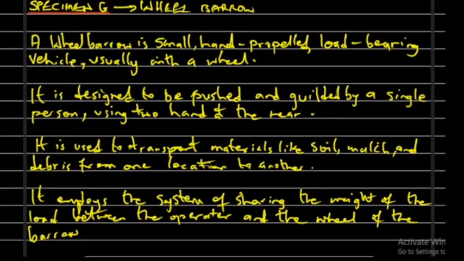The weight of the load will be shared between the operator and the wheel of this barrow, and so that is how this particular instrument operates. So when the load is put in it, it can be wheeled out to another location. And so we have different examples of them. We have this one using a single wheel, and this one here uses two wheels. So those are different examples of the wheelbarrow, which is specimen G.